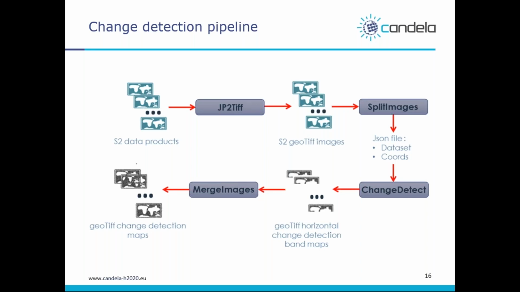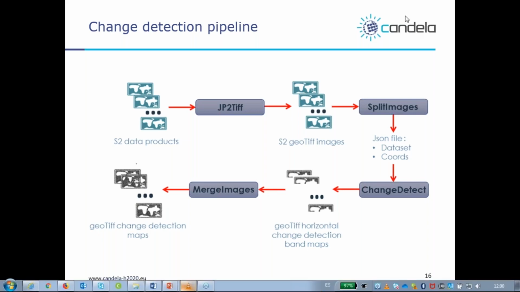Okay, so I am Andres Troya from Thales Alenia Space, France, and I am going to present to you the change detection pipeline on optical Sentinel-2 images. So in the slide currently on the screen, we see the global architecture of the pipeline, which starts from raw Sentinel-2 data products, which are then transformed by one function into GeoTIFF images, which are easier to process by our algorithms.